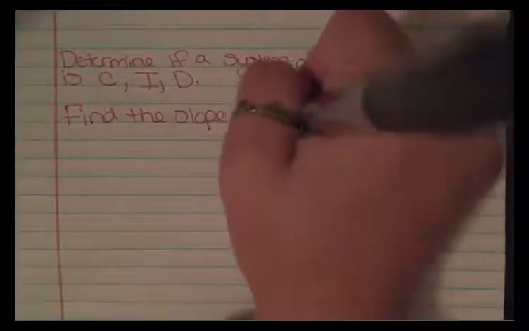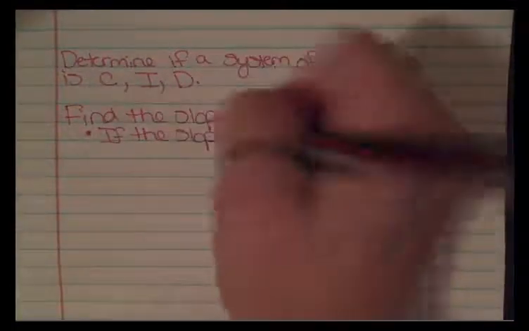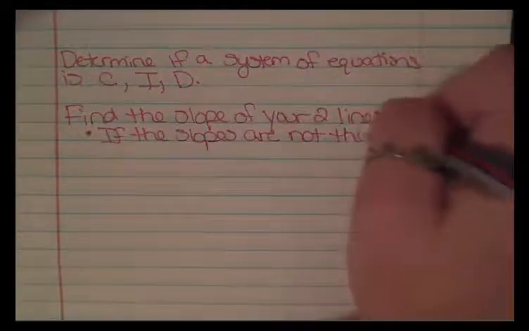So here is my little helpful hint. You want to find the slope of your two lines. If the slopes are not the same, then your system is consistent.